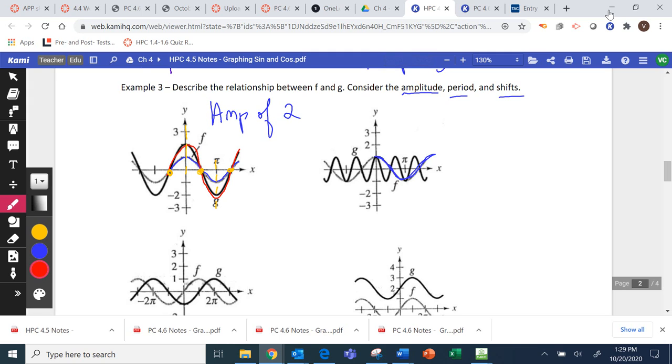It is a horizontal shrink. I don't think it's 2, but let me just look really fast. Jacob, do you know which function this is? That's the cosine, good.